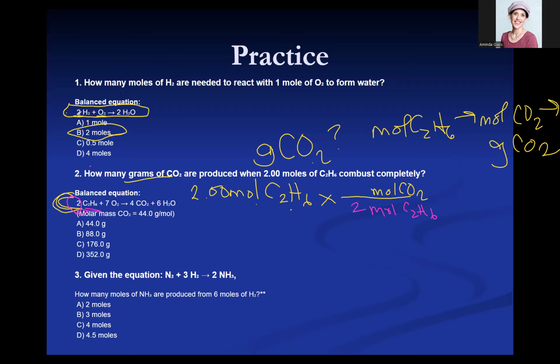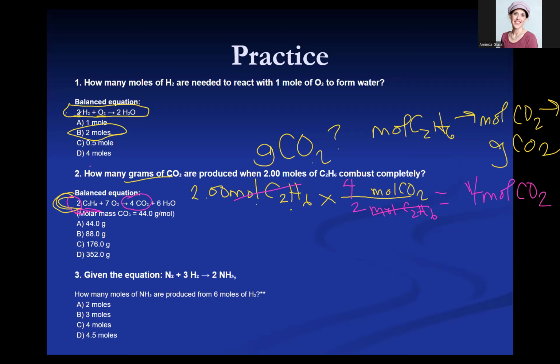I have 2. If I have 2 moles of C2H6, how many moles of carbon dioxide can I make? I can make 4. So that'll cancel out. So it's 2 times 4 divided by 2. And this will give me 4 moles of CO2.